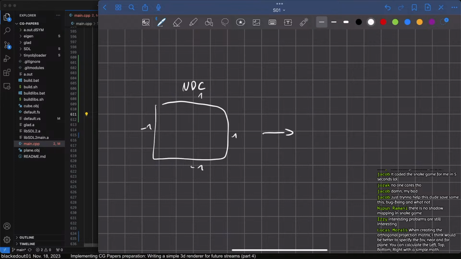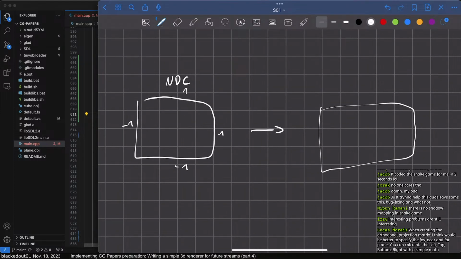This basically just scales this coordinate system into the window, which of course has a coordinate system of, well, I don't actually know if it starts here. But basically the window coordinates are of course the pixel coordinates. So this here is width and this here is 0. And now I'm not sure if this is 0 and this is height, or if this is 0 and this is height. But yeah, it does something like this.